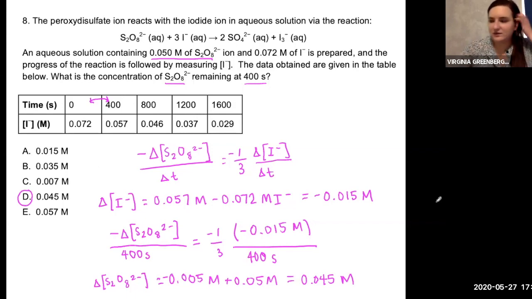So we had to use the stoichiometry to figure out how the rates of change would compare, and also then use our initial concentration.